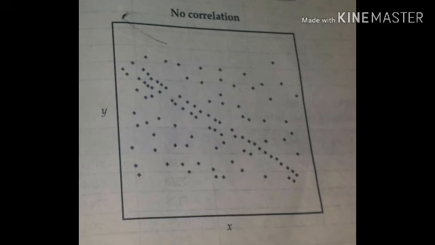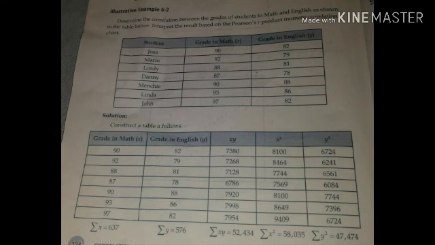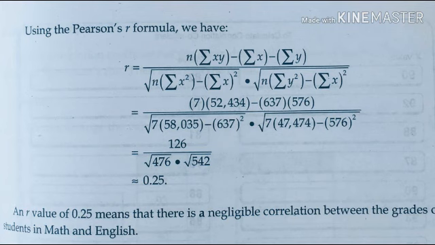Likewise, r equals 0 implies that x and y have no linear correlation. We can also compute the correlation coefficient using a statistical calculator.